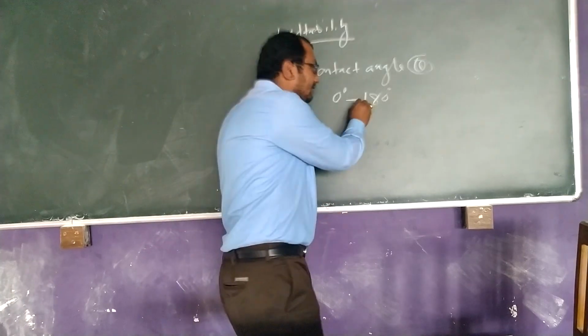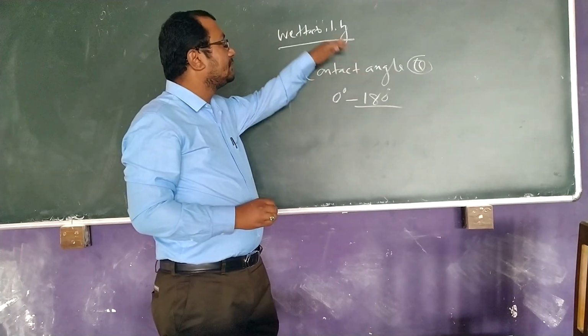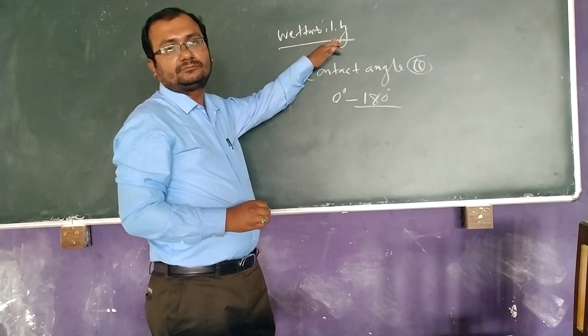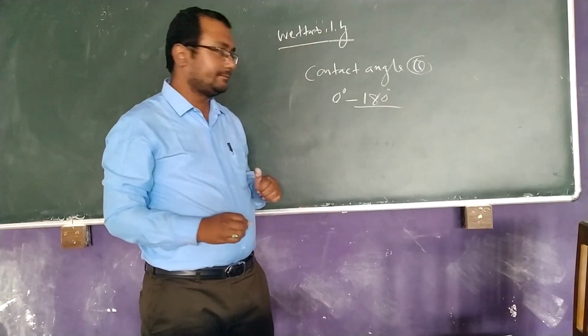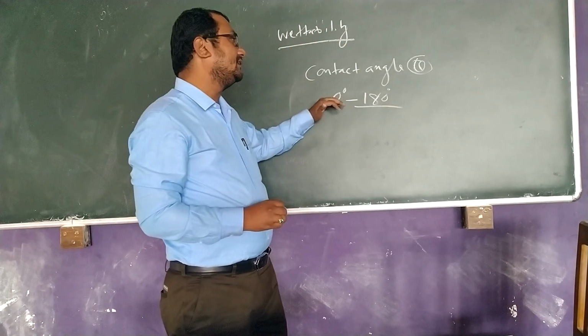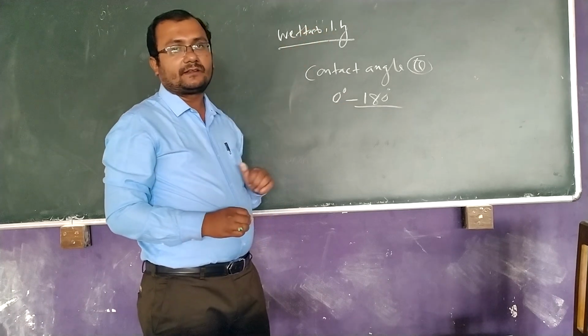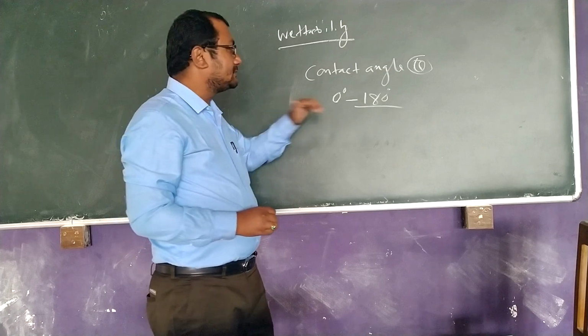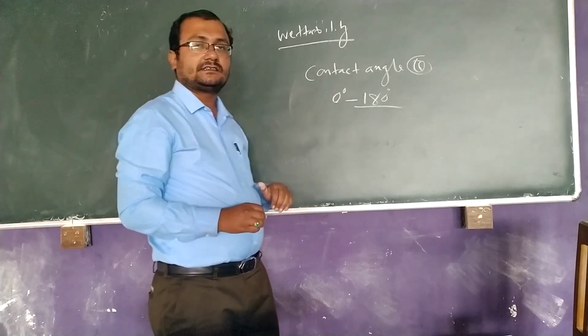If it is 0, then we say the wettability is good, that means the solid particle is completely wetted. If it is 180, then the solid particle is not wetting properly. That is why it is a big problem in pharmaceutical formulations.